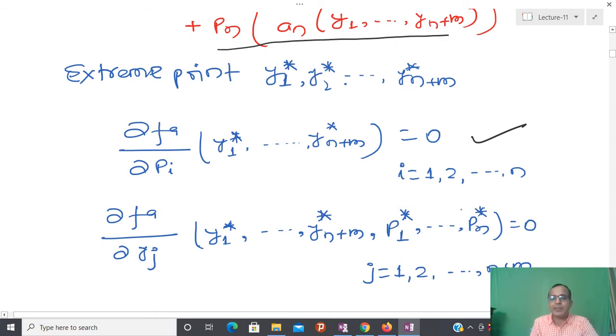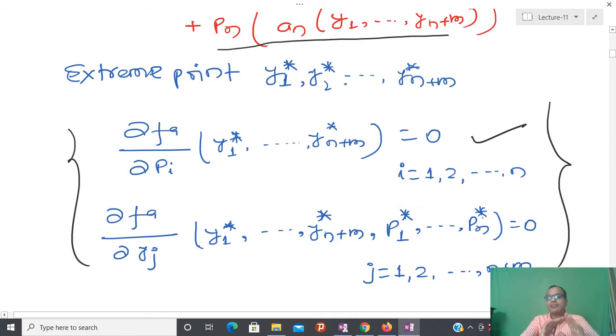If I solve these 2n plus m equations, then we are able to get the necessary condition such that if I have a function with some kind of constraint, then I can extremize that function.